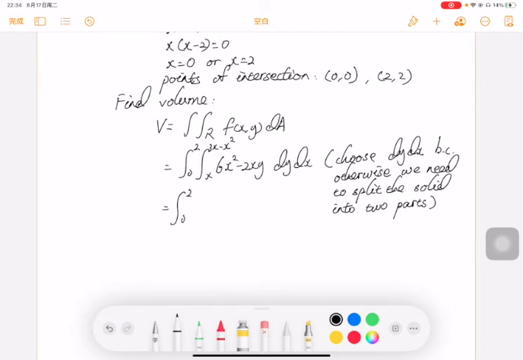The antiderivative of 6x squared minus 2xy is 6x squared y minus xy squared. And this thing evaluated from x to 3x minus x squared, and then dx, of course. Plug in these.